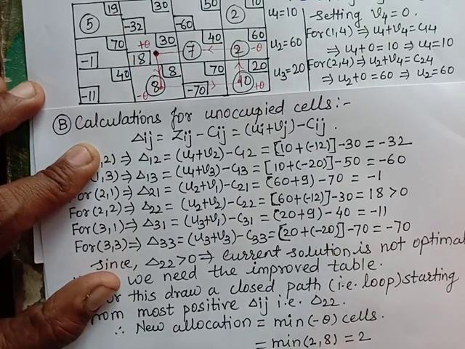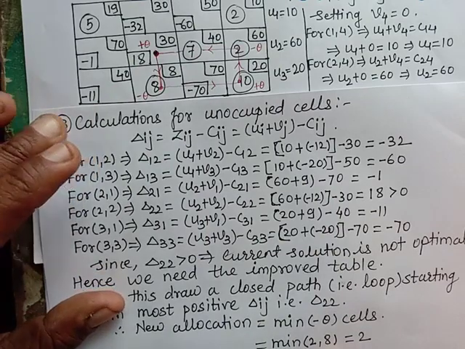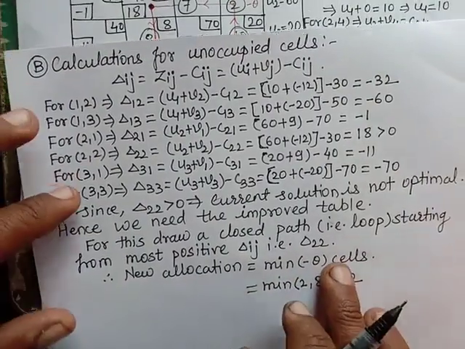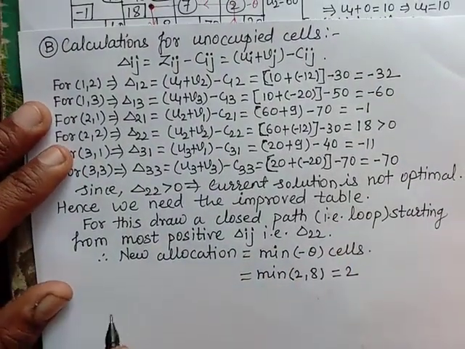Now how will that be done? Let me write that part. How do we have to do that? New table.